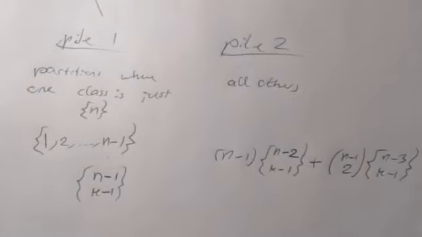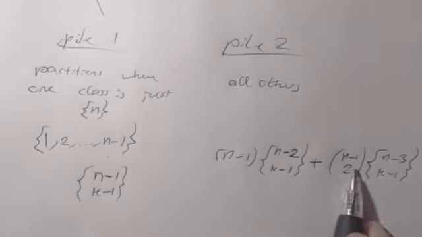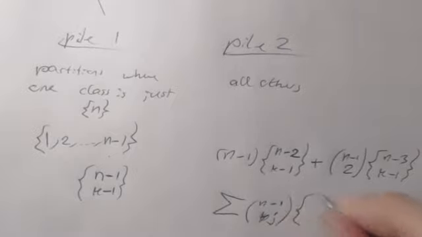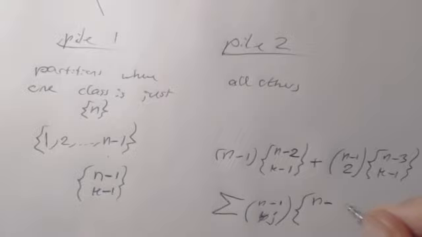So I think here we're going to have the sum of n minus 1 choose, oh no, not k, a different letter, I already used k, n minus 1 choose j, times n minus 1 minus j, k minus 1.